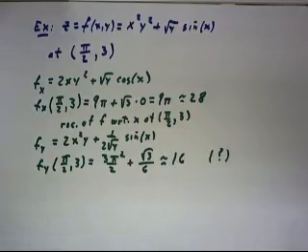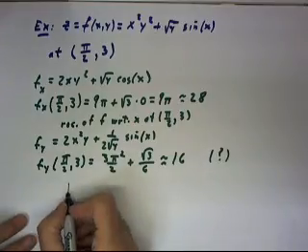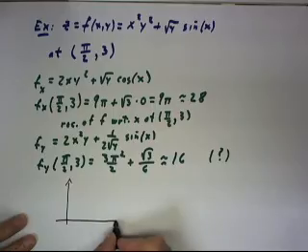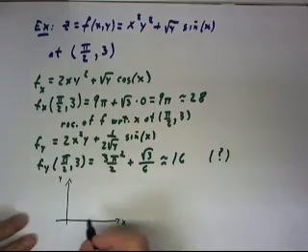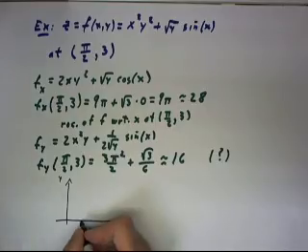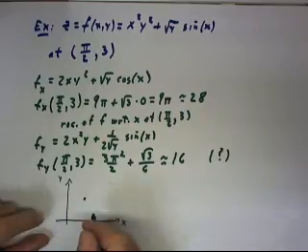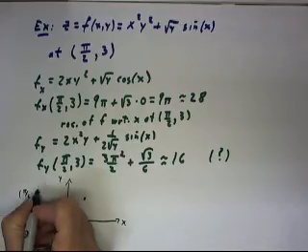Now, what does this tell us about the picture of the function? Well, if we're on the point, let's just do this in the xy plane for the moment. Here's x, here's y. Pi over 2 is a little over 1.5, a little more than half of 3, so let's just make y about twice as big as x and call this point pi over 2, 3.